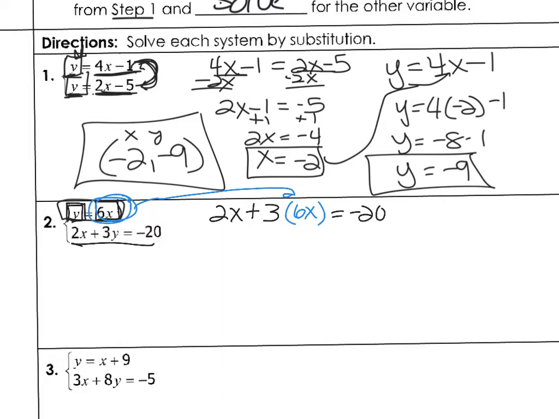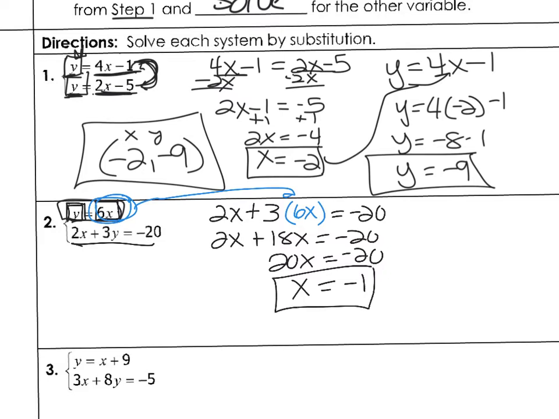All right, and so now I'm just going to solve. So 2x plus 3 times 6x is 18x equals negative 20. So 20x equals negative 20. So x equals negative 1. All right, so now we can take the negative 1 and go back to my original equation, y equals 6x.